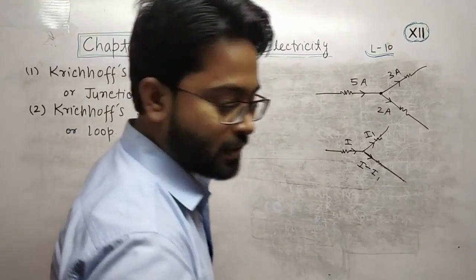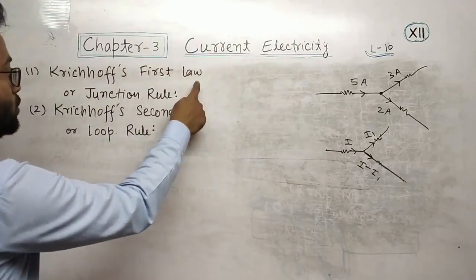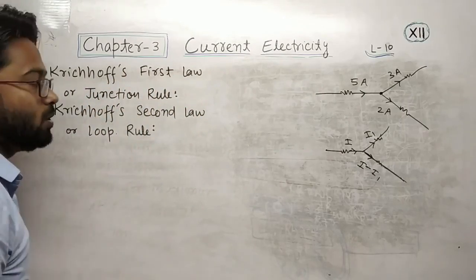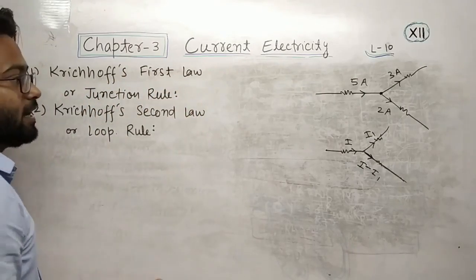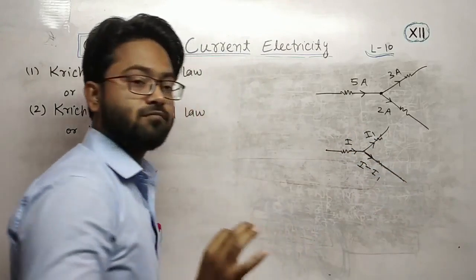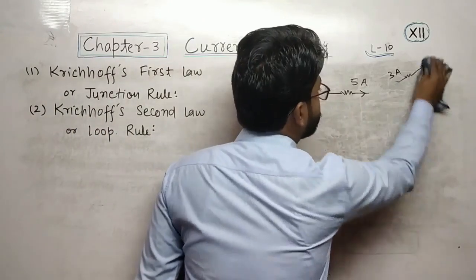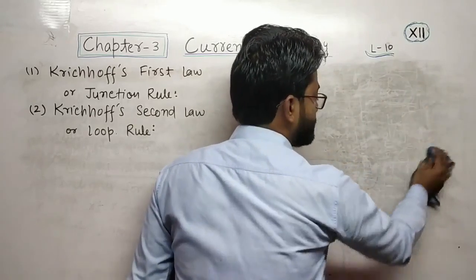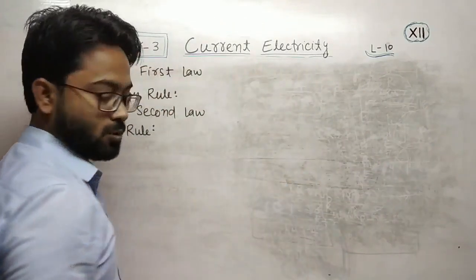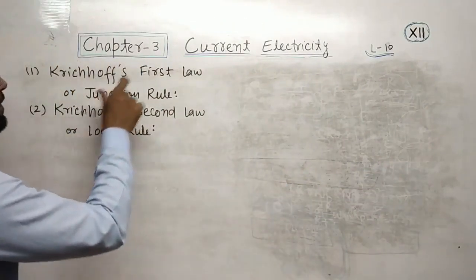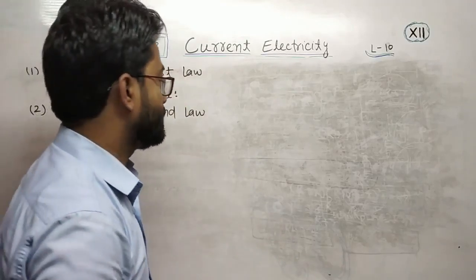That is Kirchhoff's first rule or junction rule, or we can say that this is the conservation of charge. Because charge is constant, that's why it is also called conservation of charge.